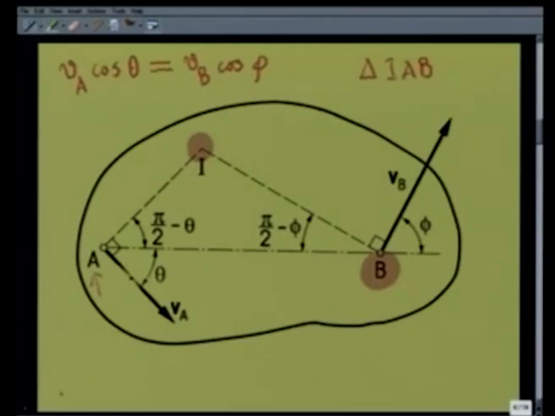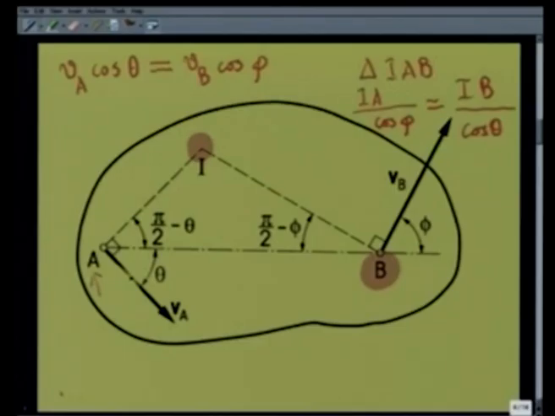So, considering this triangle IAB, if we use the sine law, I can write IA divided by sine of IBA, that is sine of pi by 2 minus phi, that is cos phi, is the same as IB divided by sine of the angle IAB, that is sine of pi by 2 minus theta, which is cos theta.